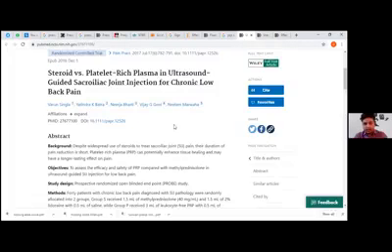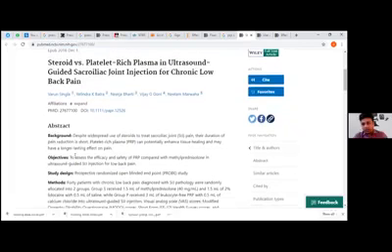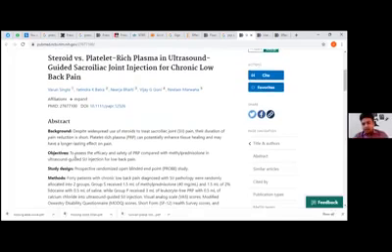And this is one study that we published in 2017 in which we compared steroid and platelet plasma in ultrasound guided sacroiliac joint injection. We also found that the duration of effect was better with PRP than steroids. Usually, what we did was we gave PRP and steroid in 2 arms.